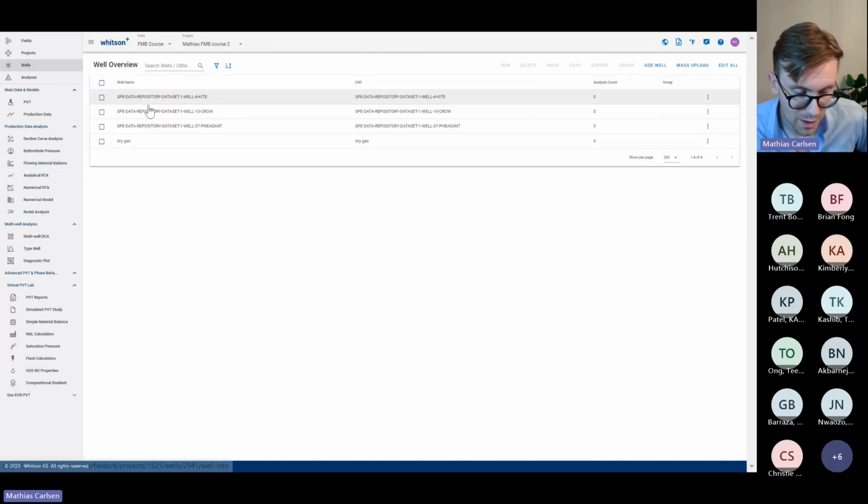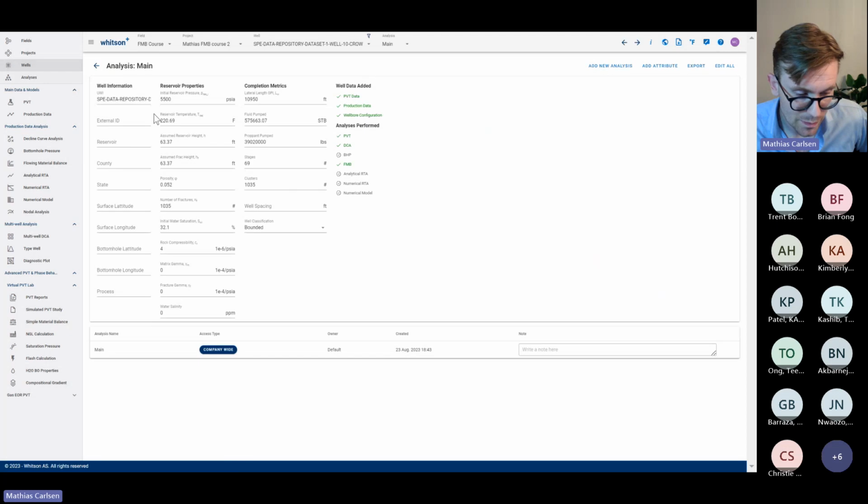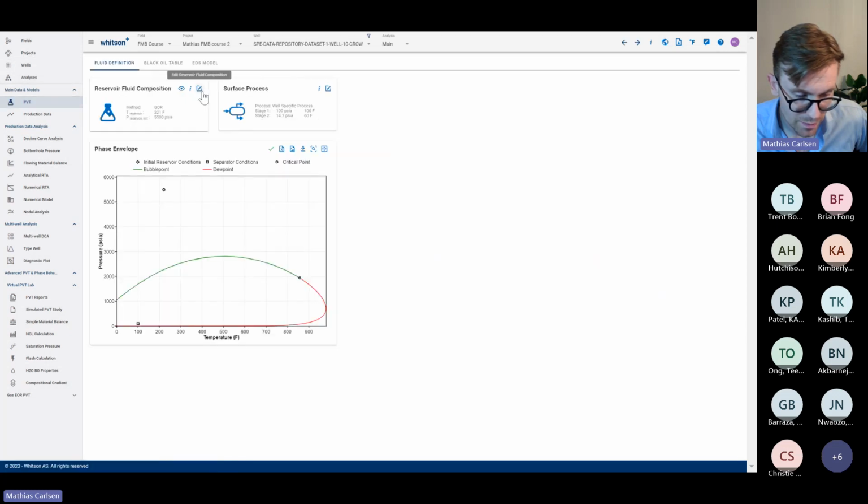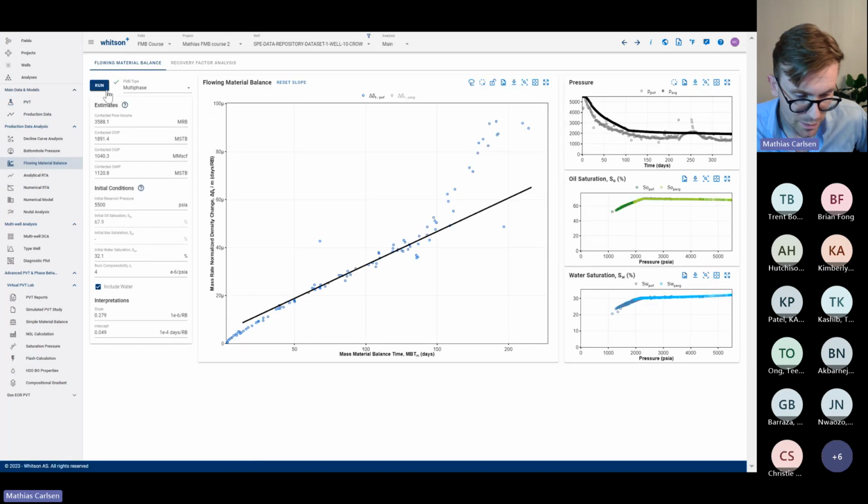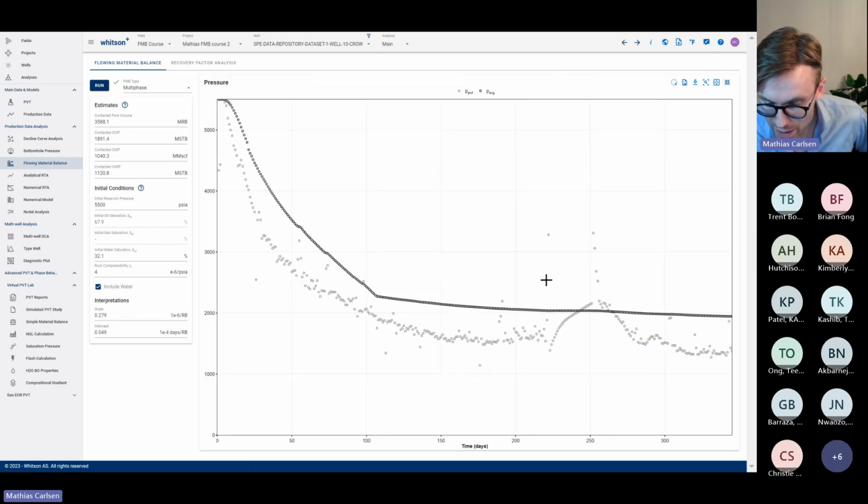I'll show all those steps one more time. Just go ahead and pick your Crow well. Launch the PVT. Click the flow material balance. Click run. And get this early time portion of the data. That yields a pretty good agreement, but we have this buildup here.